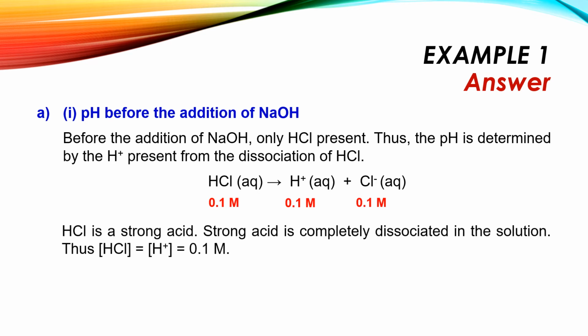HCl is a strong acid, and a strong acid is completely dissociated in solution. Thus, the concentration of the hydrochloric acid is equal to the concentration of the hydrogen ion, which is 0.1 molar. The pH can be calculated using the negative log of the H+ concentration, which gives a pH equal to 1.